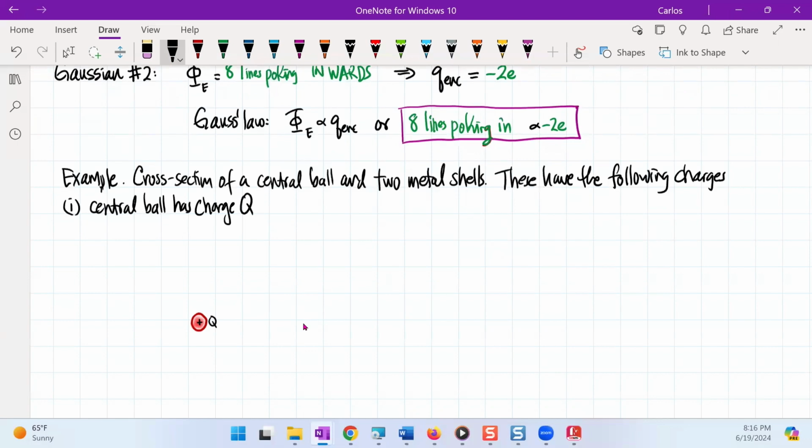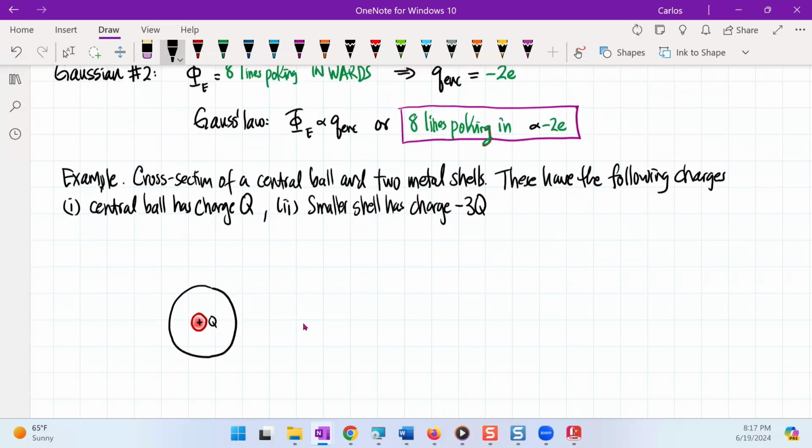Now I have two metal shells. If I look at these two metal shells here, the first one, the smaller shell, has charge minus 3Q. So when I'm looking at this, I'm going to think about my shell here.